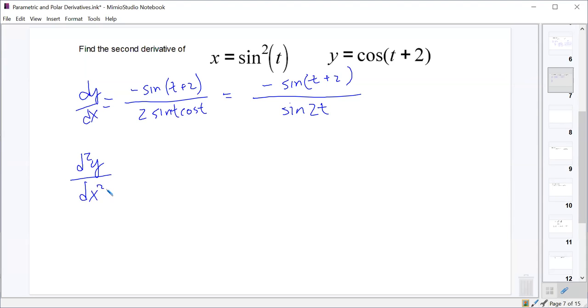All right, what about our second derivative then? It ought to be the derivative of this divided by dx dt. So the derivative of this should be what?